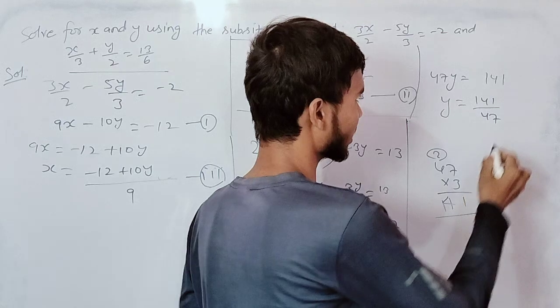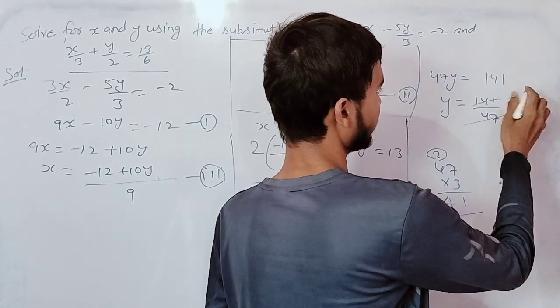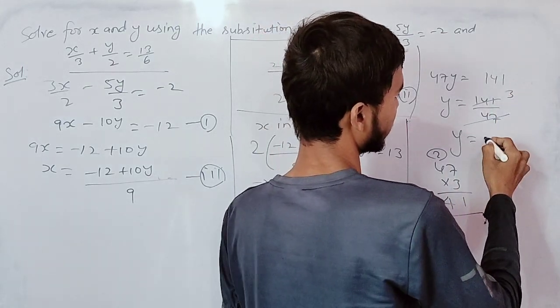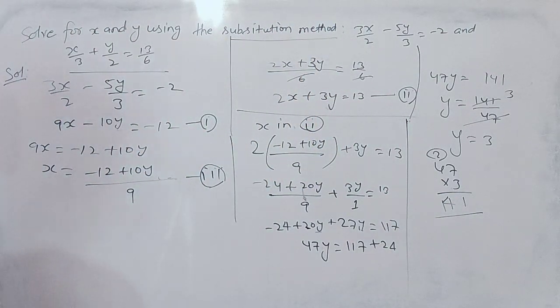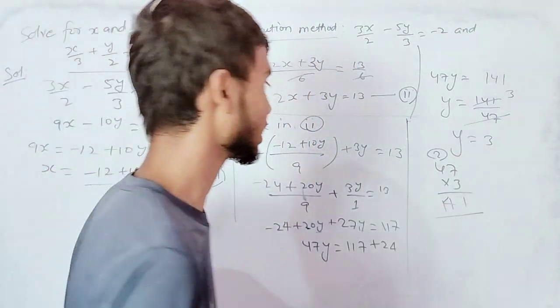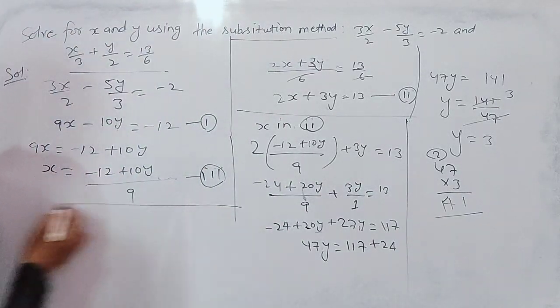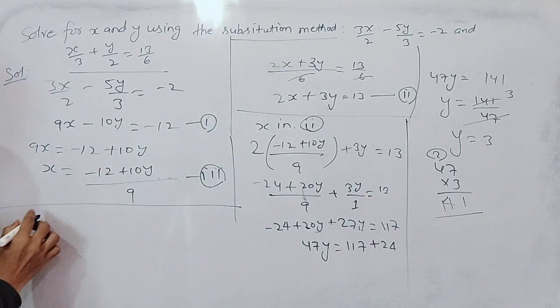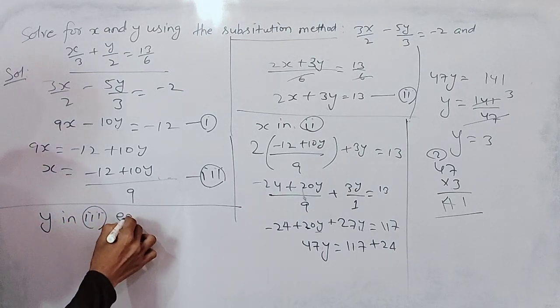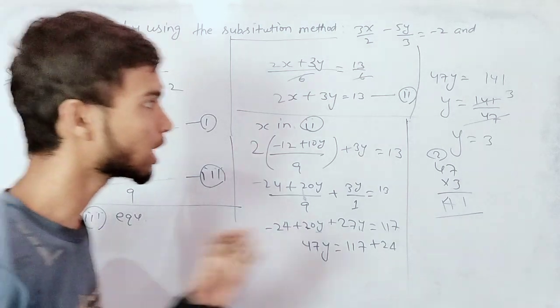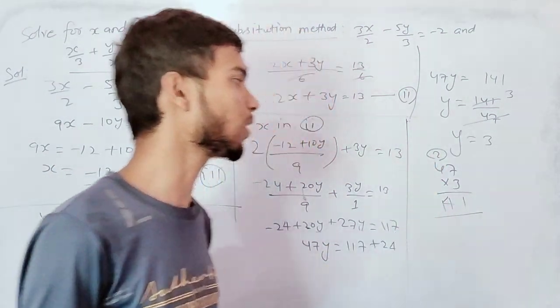Yes. So finally y came as 3. Now what will we do? We will substitute the value of y in the third equation. I can confidently say that the answer of y is correct.